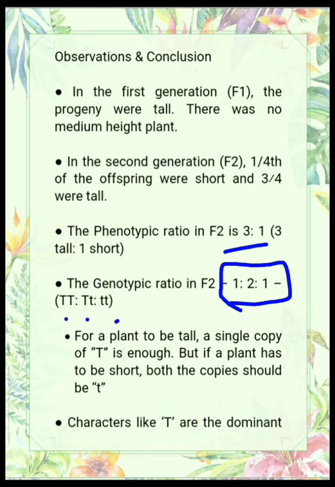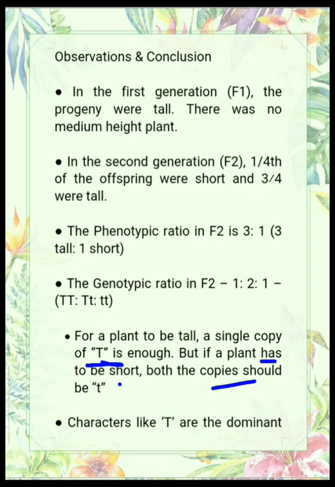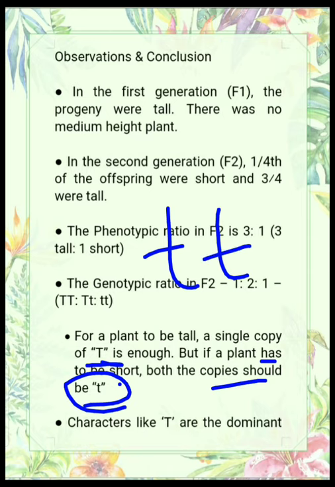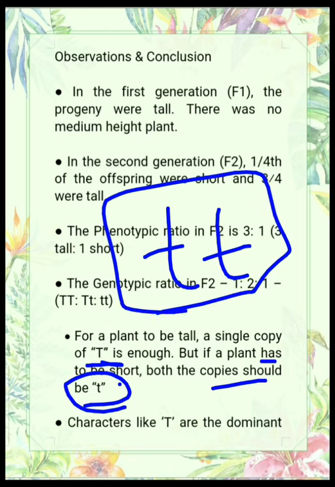So for a plant to be tall, a single copy of capital T is enough. This is an important point: if a single copy of capital T is present, then the plant will be tall. It doesn't matter whether the other one is capital T or small t. But if a plant has to be short, both the copies should be small t. If both the copies are small t, then only the plant will be dwarf.